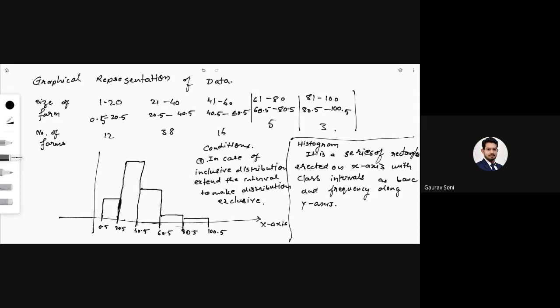So those are class boundaries, if you remember. In the previous one, we have seen the point till which we can extend, that is nothing but the class boundaries.